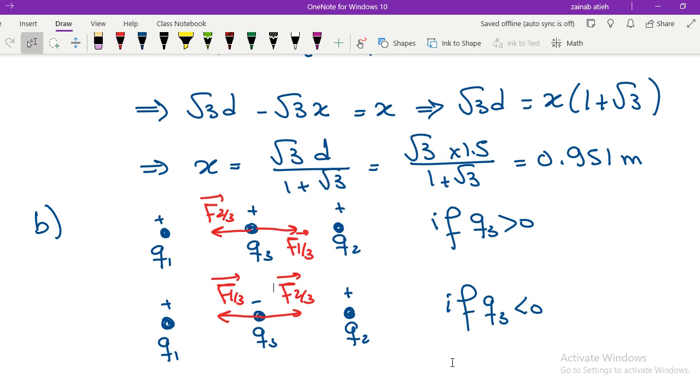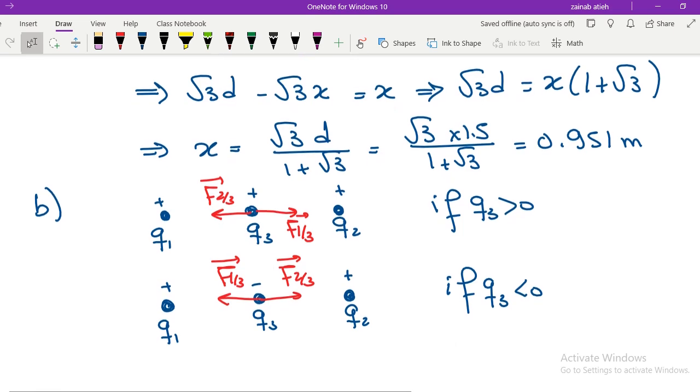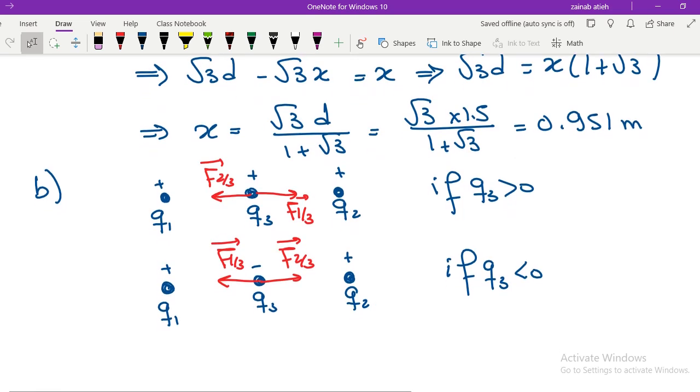In this case, if I move Q3 a bit right or left, I am giving room for the charge to attract it. Okay, and I will call this equilibrium an unstable equilibrium. So for part B, my answer will be yes, there is a stable equilibrium if the third bead, which is Q3, or the third charge Q3, has a positive charge.